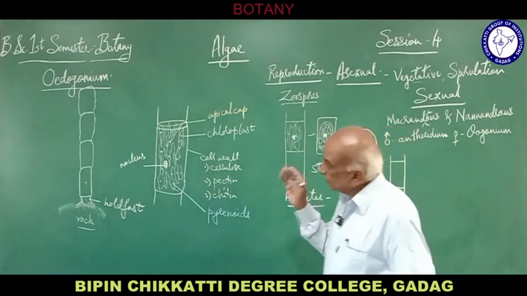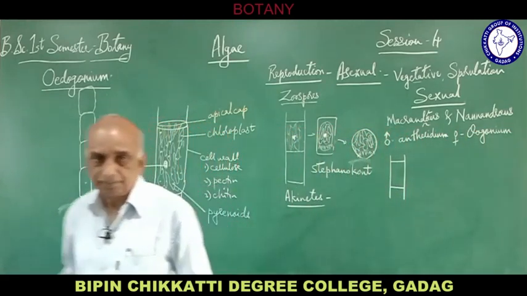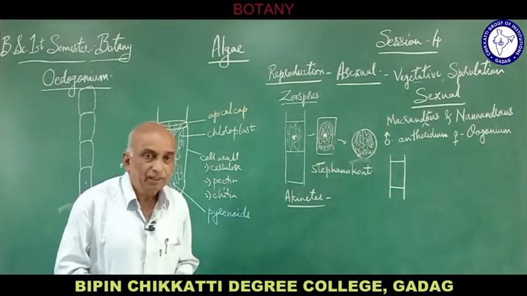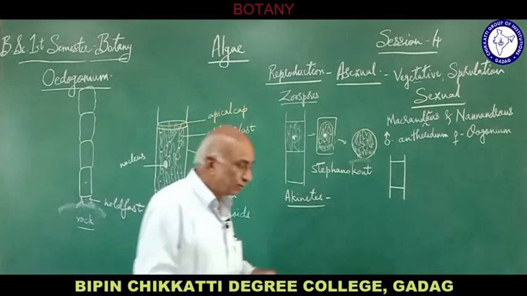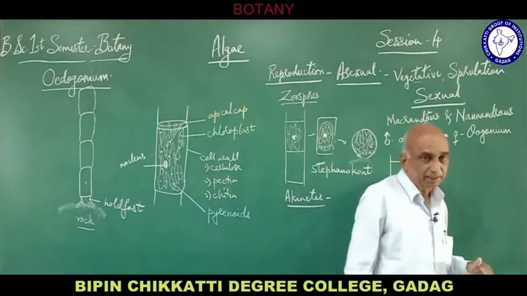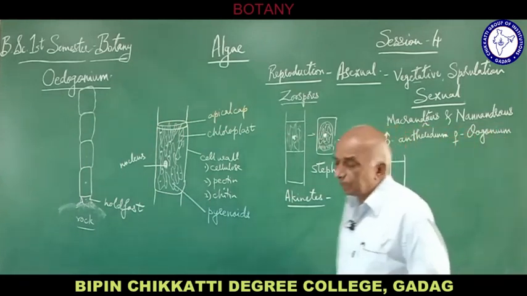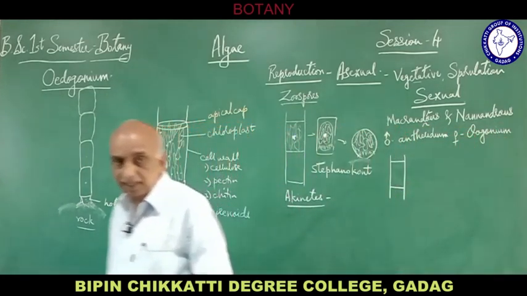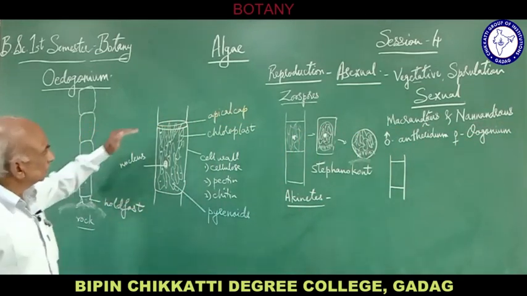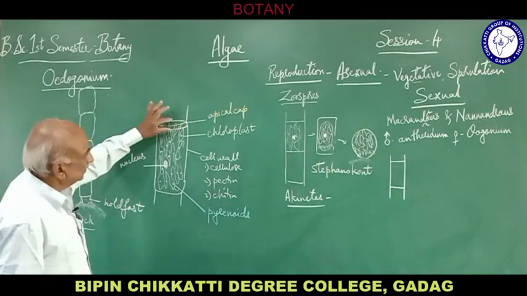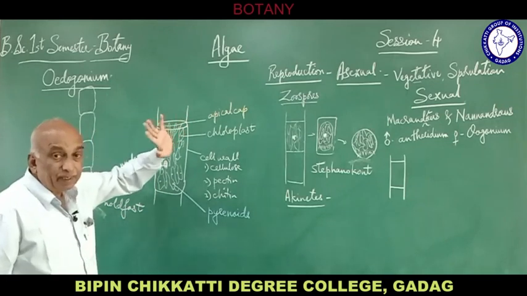But in some cells we find a ring-like structure, sometimes 2 or 3 rings are present. So that is at one end of the cell they are present. So these rings are actually hemicellulose rings at one end of the cell. So such rings which are seen, they are called as the apical caps.